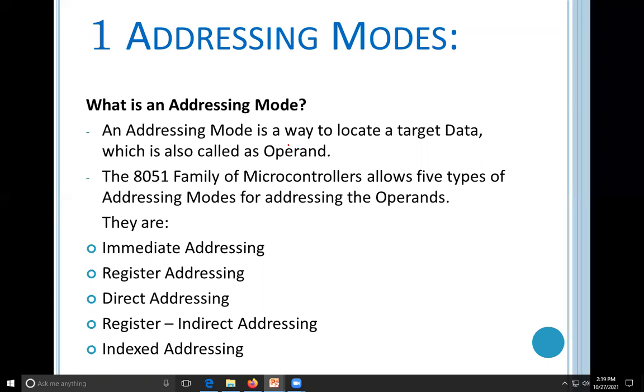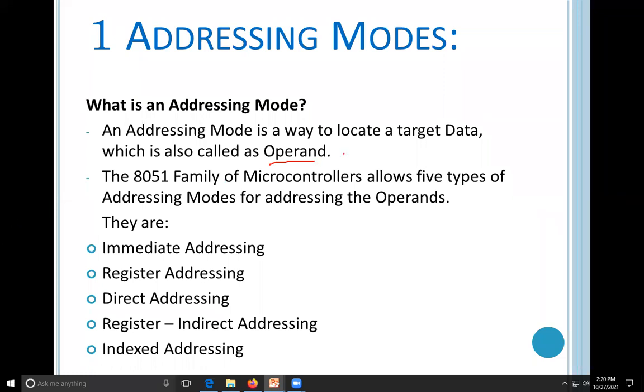Instructions are divided into two parts: opcode and operand. MOV A is the opcode, and the operand is the data.